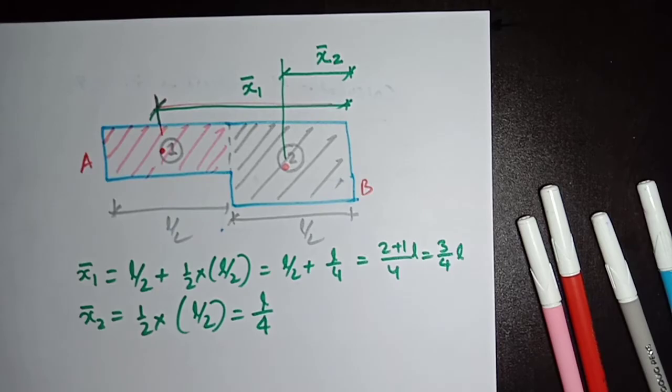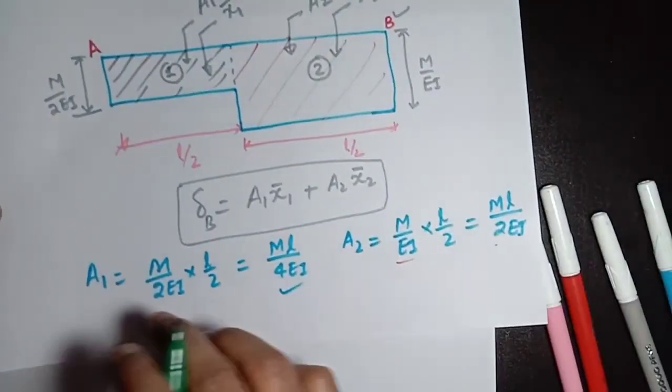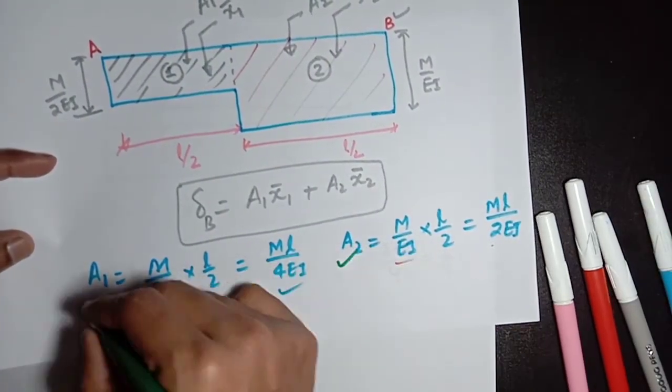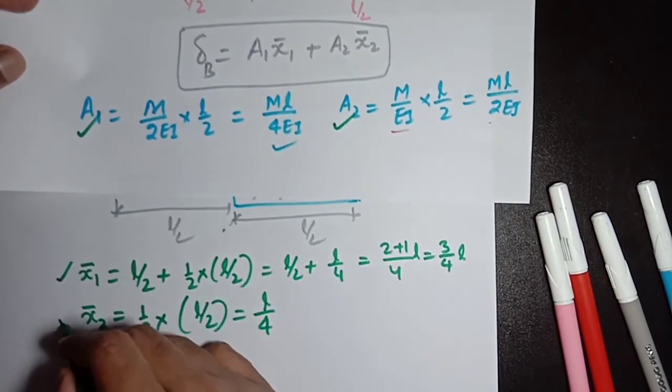Now I am done with the area calculation, A1, A2, and x1 bar and x2 bar.